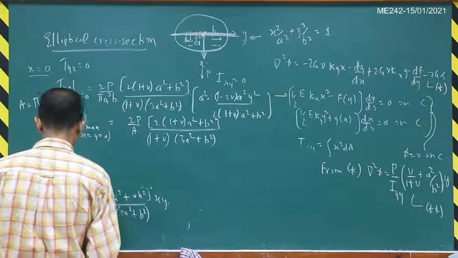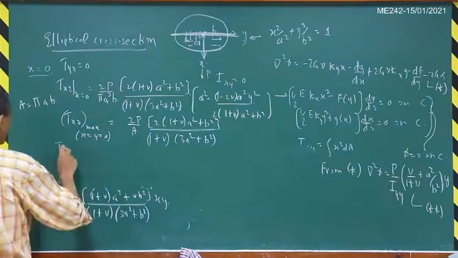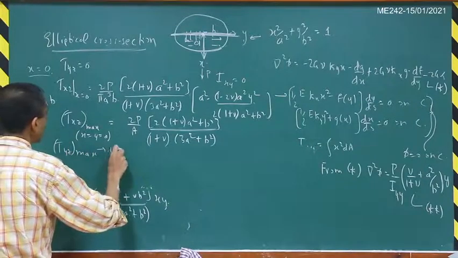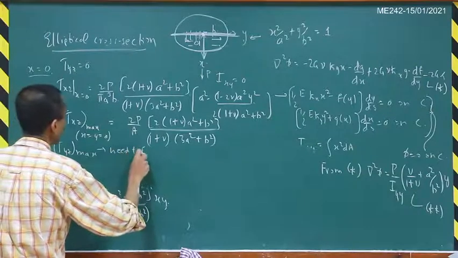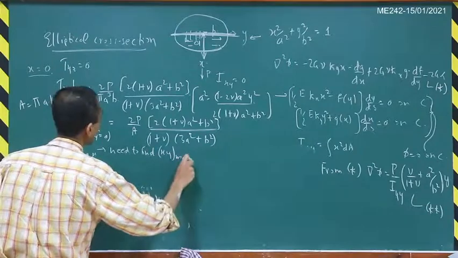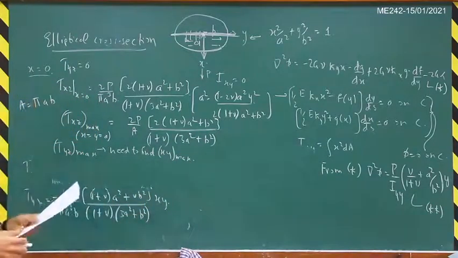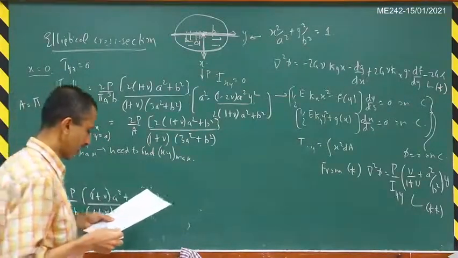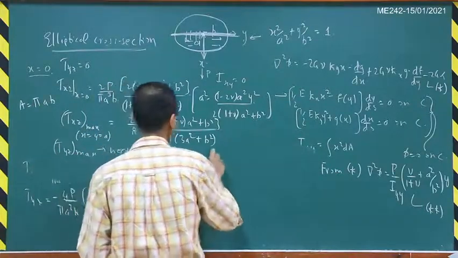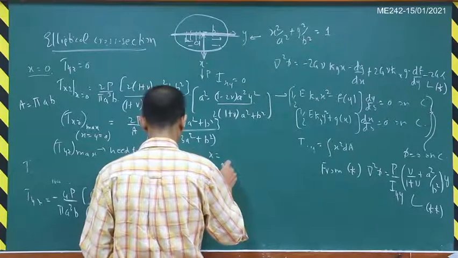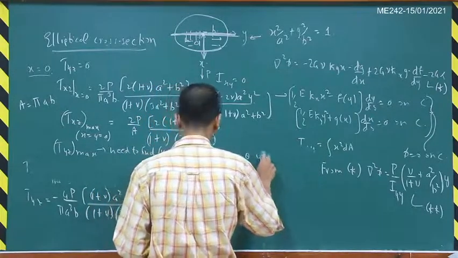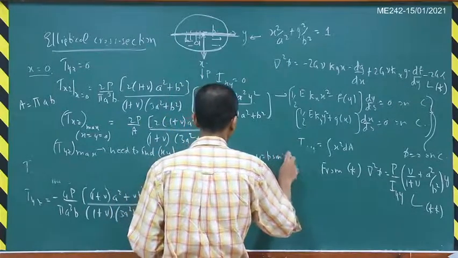And that is not very trivial, but we will use a trick here. You write x is equal to a cos theta, and y is equal to b sin theta.